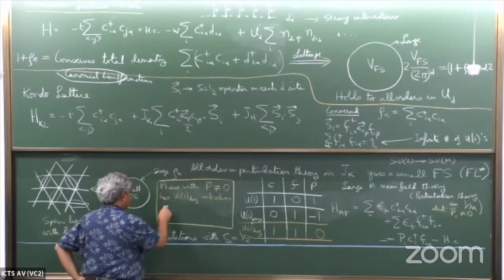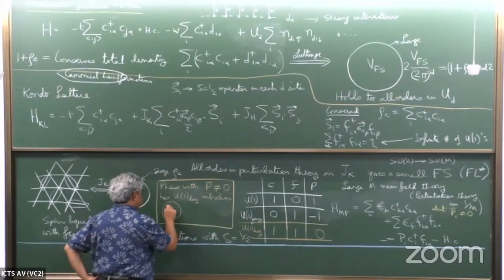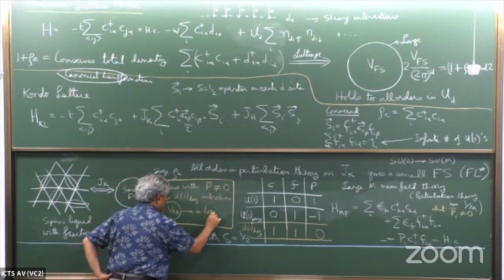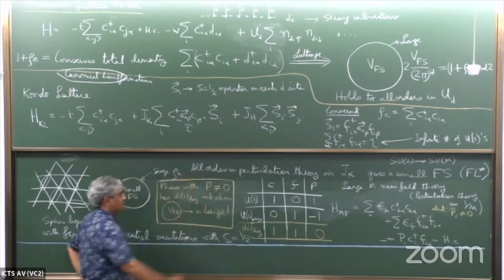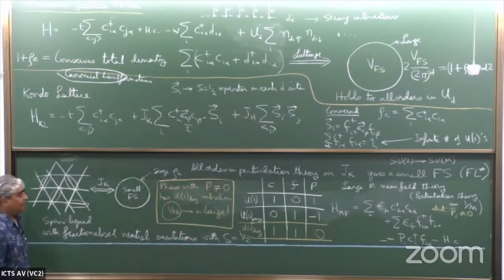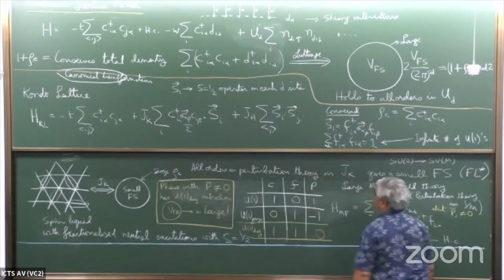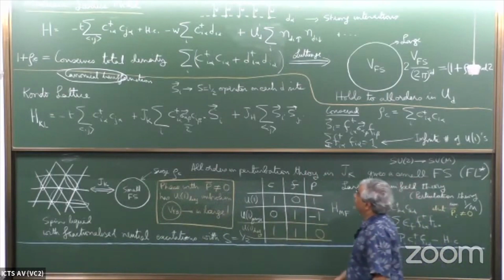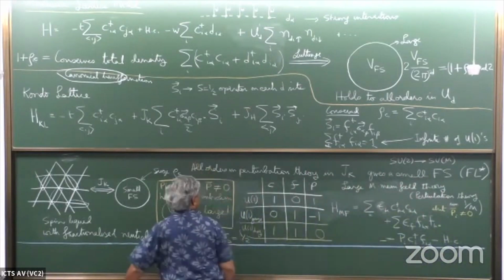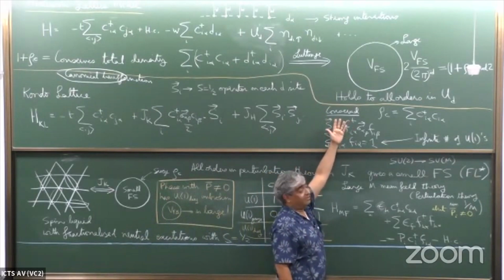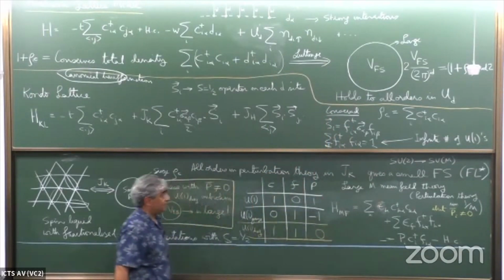So that means that V of Fs, the volume of the Fermi surface, is large. Okay. So I have now proven, in a different expansion in the Kondo lattice model, the 1 over M expansion, that the Kondo lattice has the phase that I found in the Anderson lattice formulation.